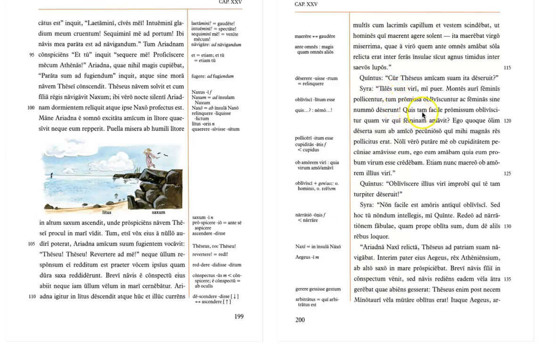And then whoever has promised such things and has forgotten such things, let's see, quam vir qui feminam amavit. Let's see how to best translate this here. So whoever has forgotten such a promise, right?